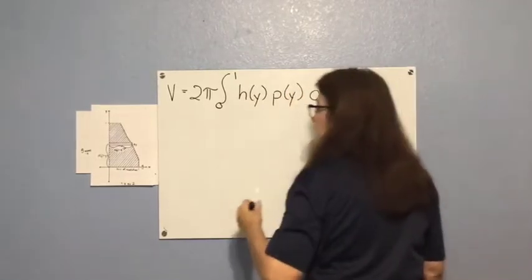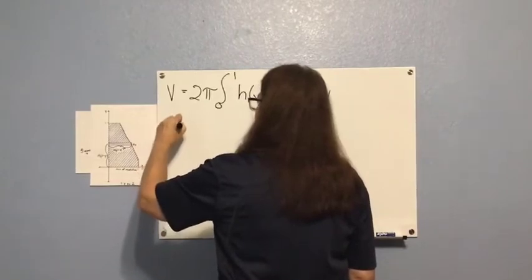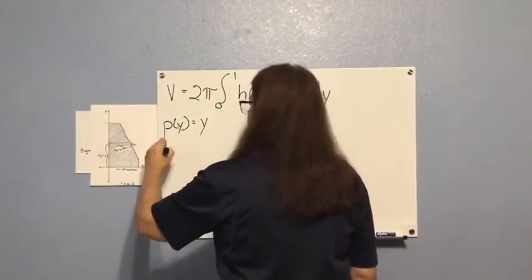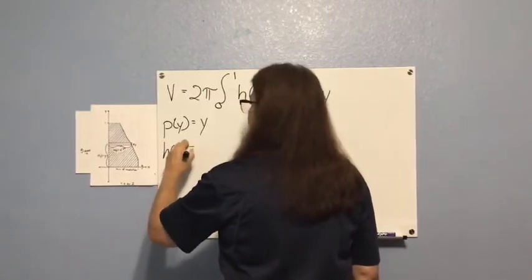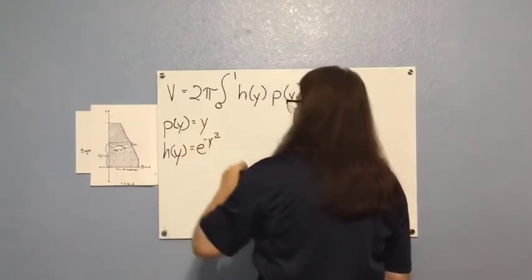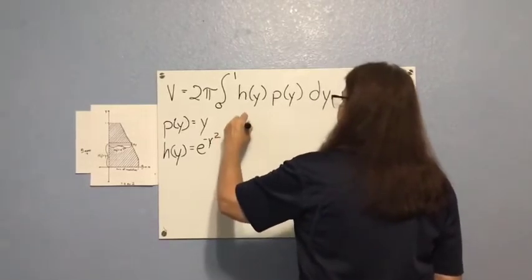From the picture, I see that p of y is y, and h of y is e to the negative y squared. So let's put those in our equation.